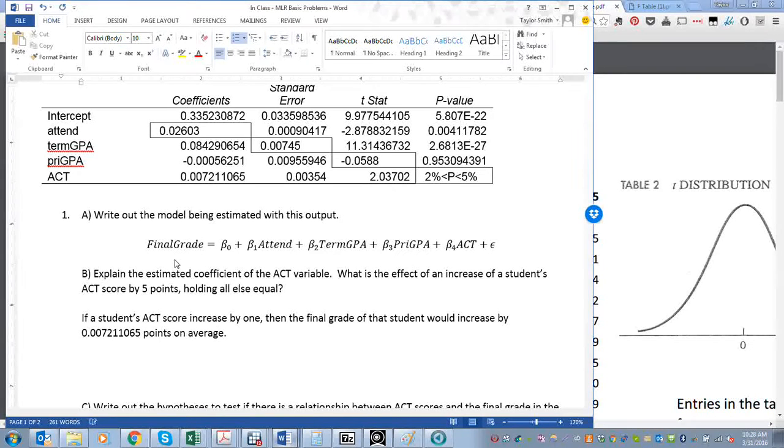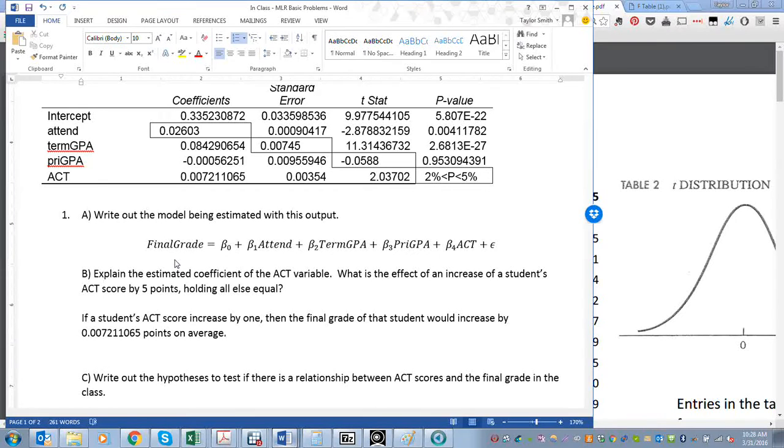And remember, this is an average effect, so it's important to say that we're not saying that every student who gets an ACT score 1 higher is going to get this increase, but that that's an average change across the sample.